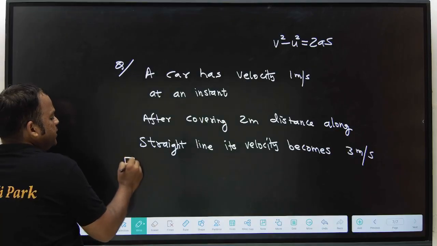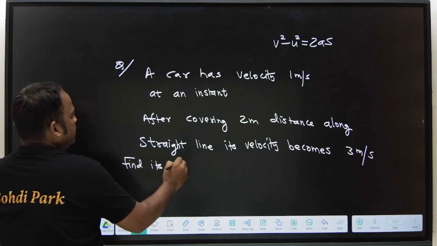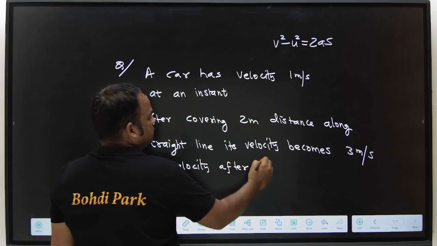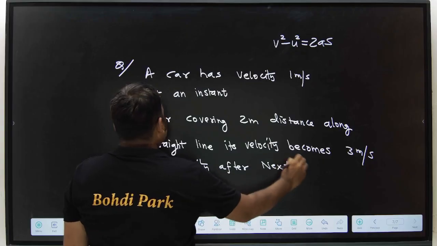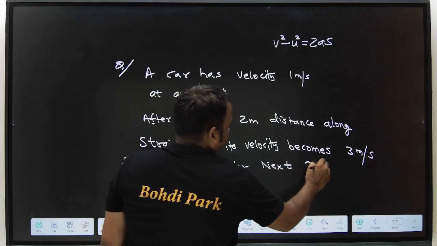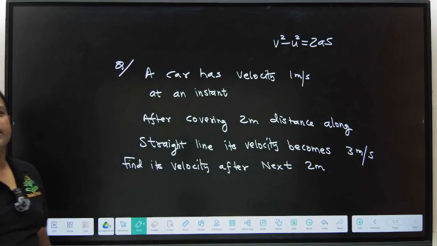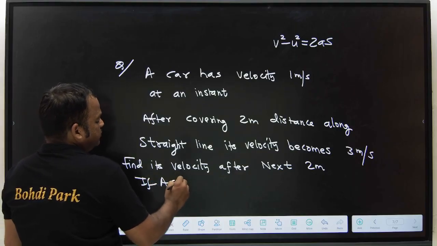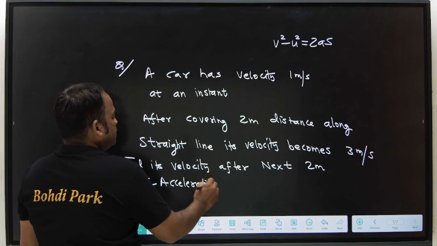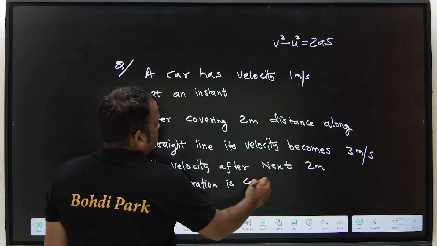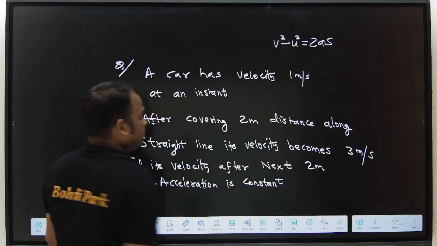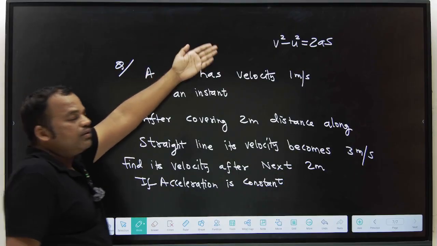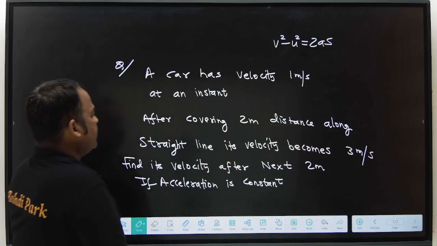Find its velocity after next 2 meter. What is its velocity after next 2 meter, if acceleration is constant? So acceleration is given as constant. So again we can use equation of motion. V square minus U square is equal to 2AS.